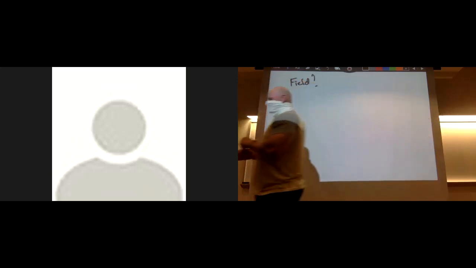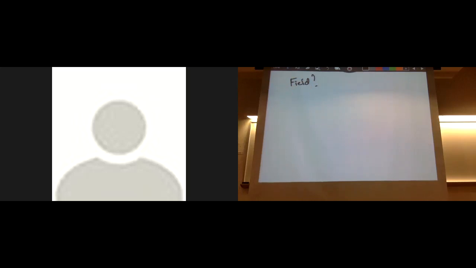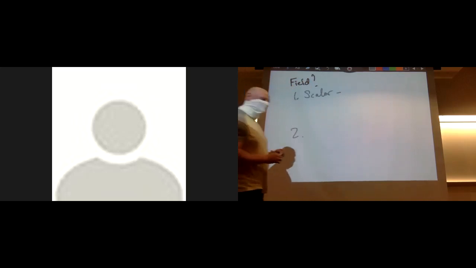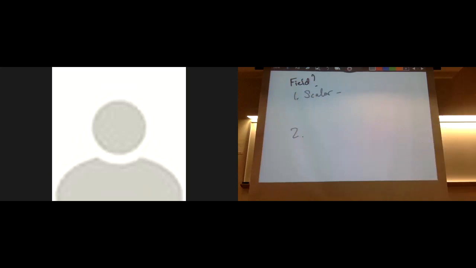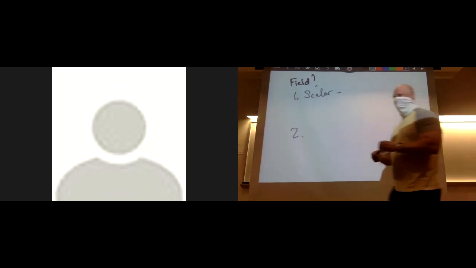Well, it turns out there are two different types of fields in general. There's actually more types of fields, but as far as we're concerned, we're going to have two types. The first type is what's known as a scalar field. A scalar field is a function which has a value at every location in space. This is a scalar field.